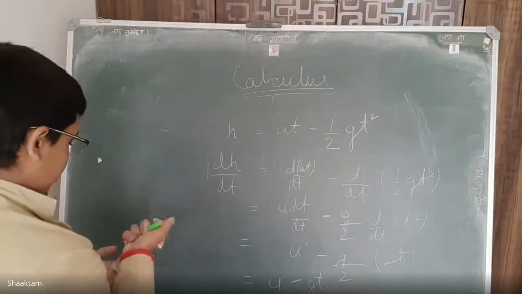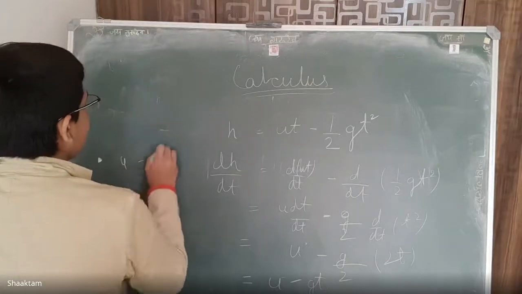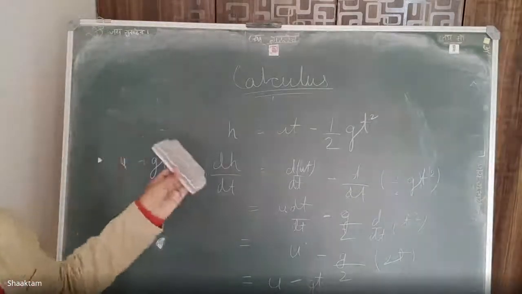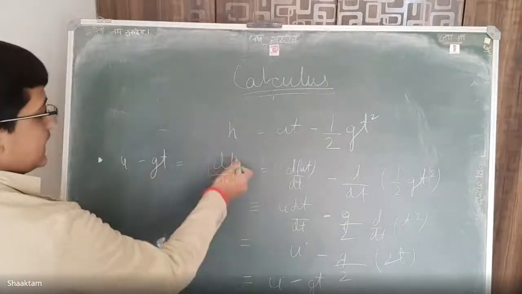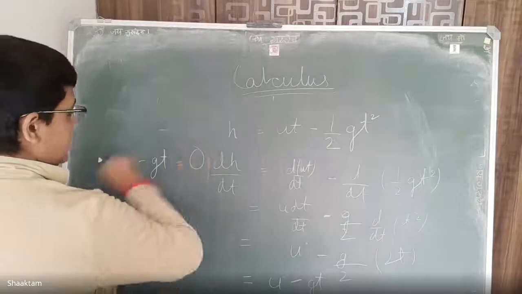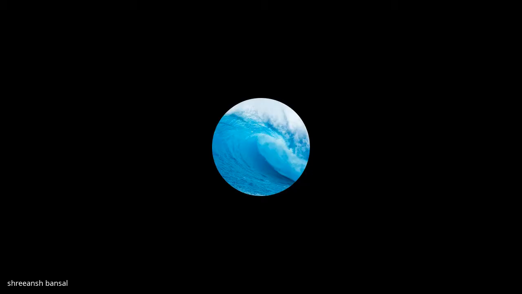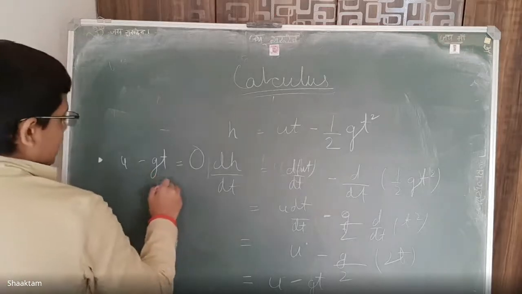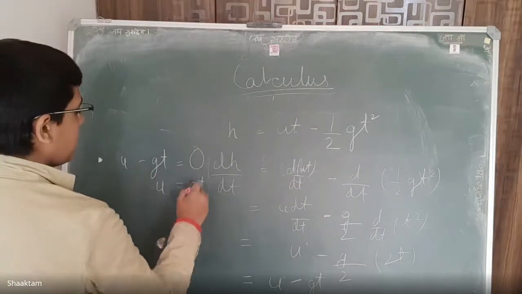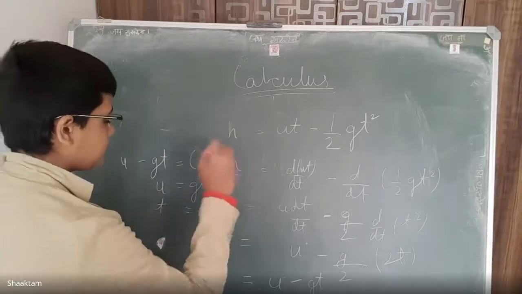You need to find the time taken to reach the maximum height. At maximum height, dh by dt will be 0. So if u minus gt is dh by dt, it equals 0. What they're asking is the time taken to reach maximum height. u is equal to gt, t is equal to u by g.